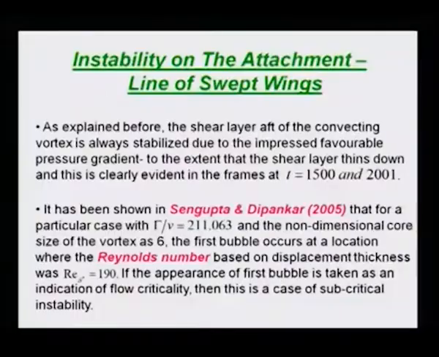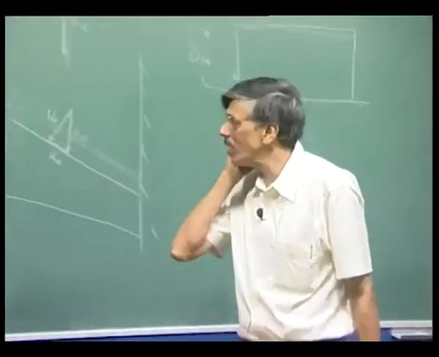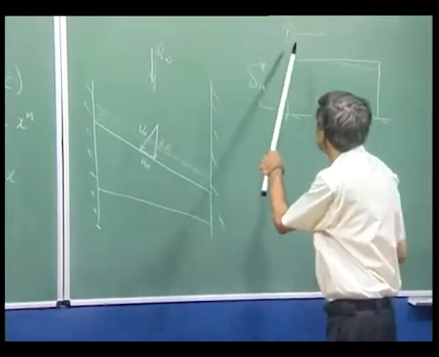We are not talking about how this leading edge vortices affect the flow over the wing surface later, but here we are just keeping our attention focused solely on what is happening right at the leading edge itself, on the attachment line plane itself. Now, we also noticed that such vortices create an adverse pressure gradient.